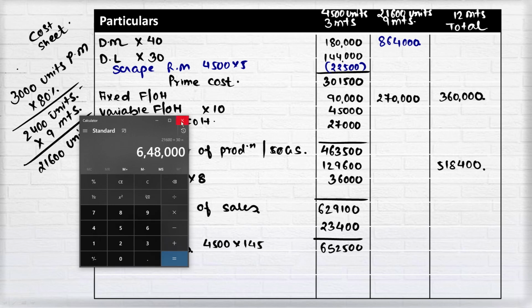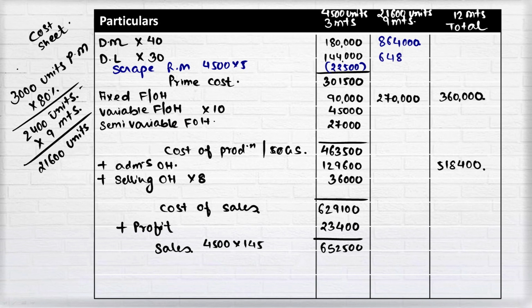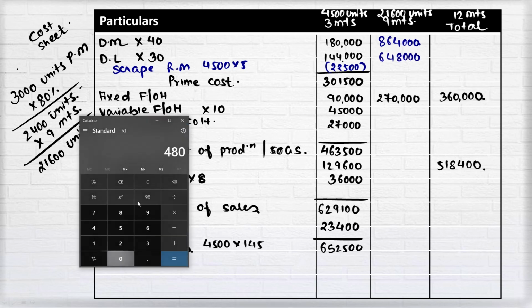So let me first write down 6,48,000. But what is the minimum wages? 48,000 per month multiplied by 9 comes to 4,32,000. So what pay will I take, 6,48,000 or 4,32,000? 6,48,000. I will not take 4,32,000.